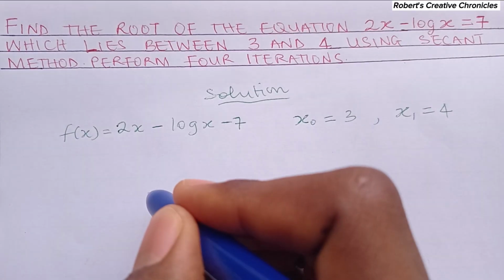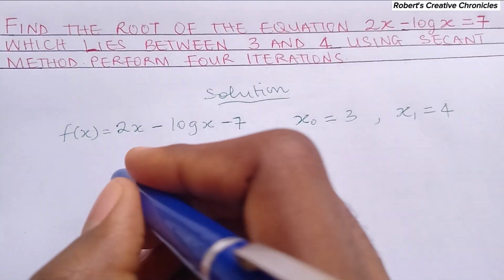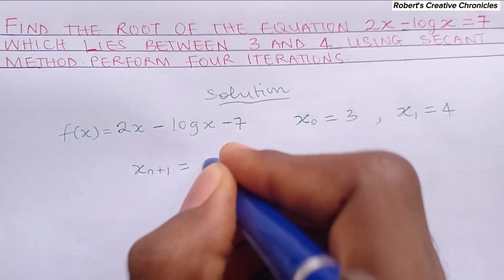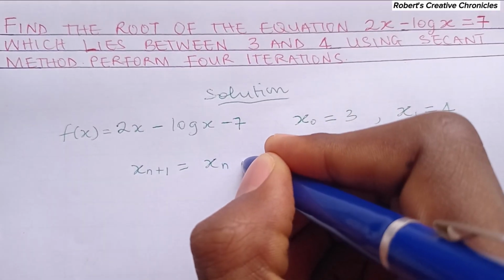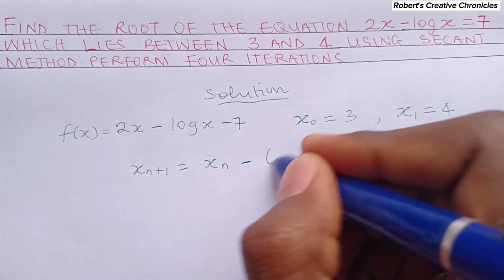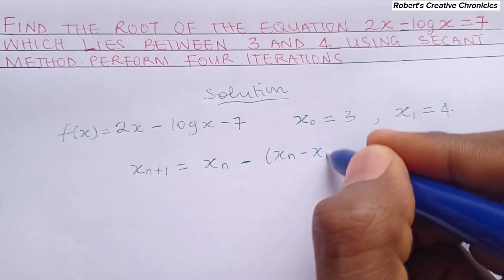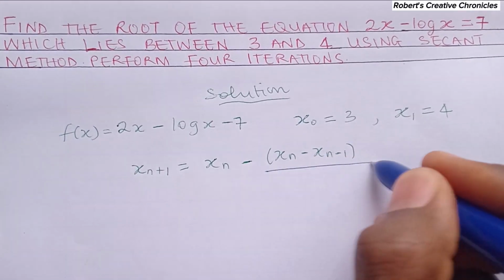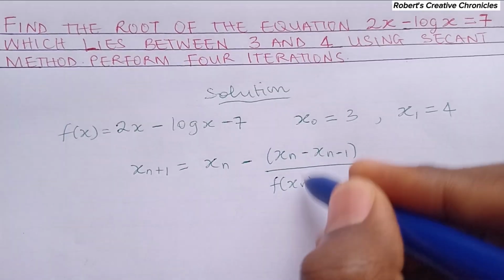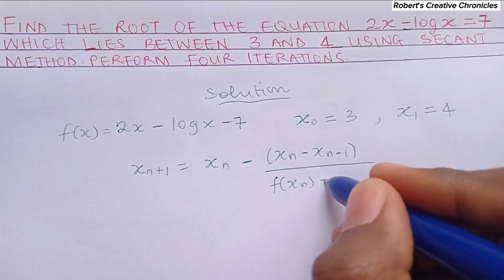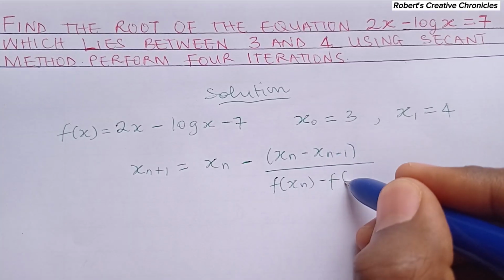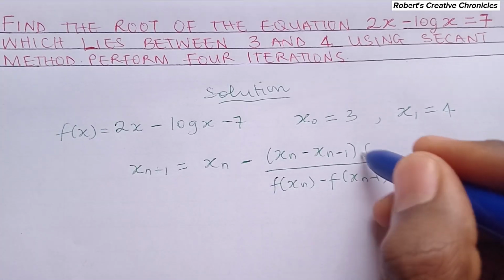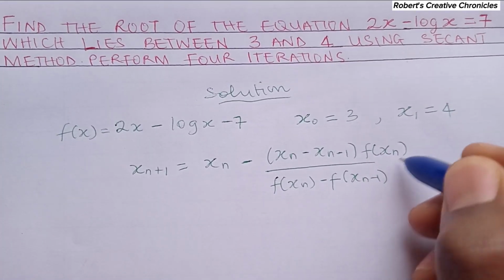Let me write the general equation of the secant method. It's given by x(n+1) is equal to xn minus (xn minus x(n-1)) over (f(xn) minus f(x(n-1))), then times f(xn).